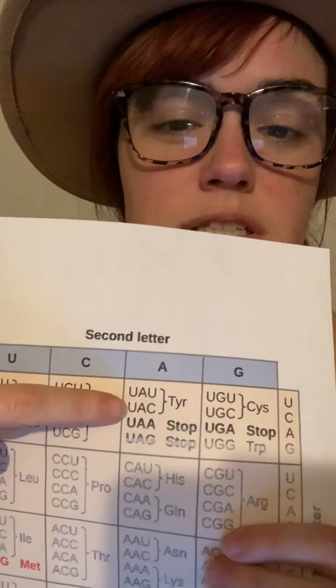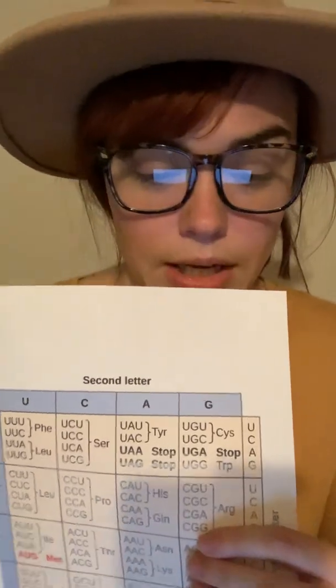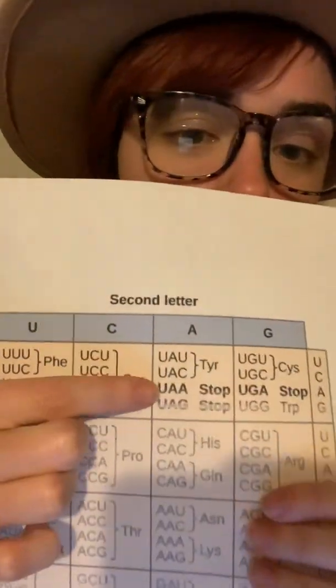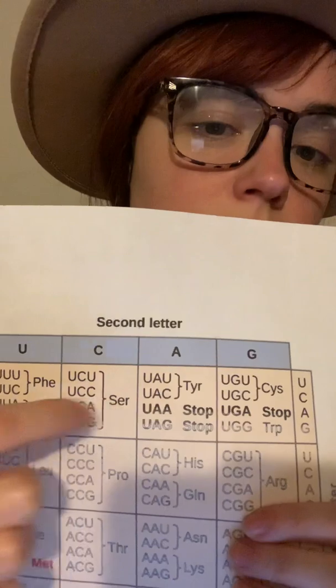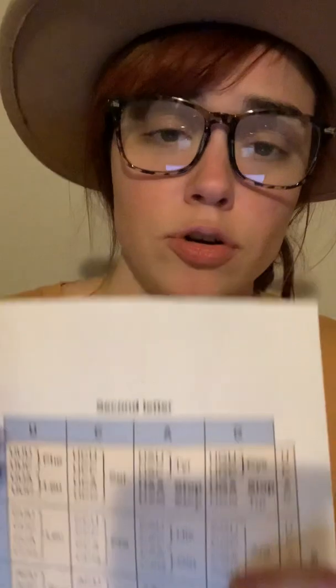And so right here, you notice that they all start with the letter U, like university, right? In this first one right here, we have UAA, okay? So university. If I'm thinking about LSU, like the Tigers, who are they going to want to stop? They're going to want to stop the University of Alabama.